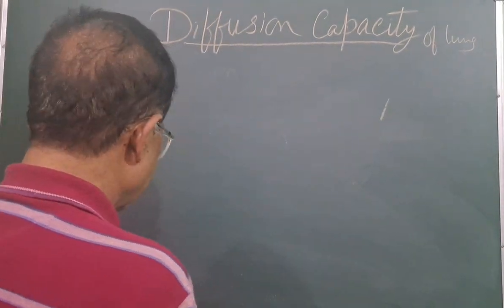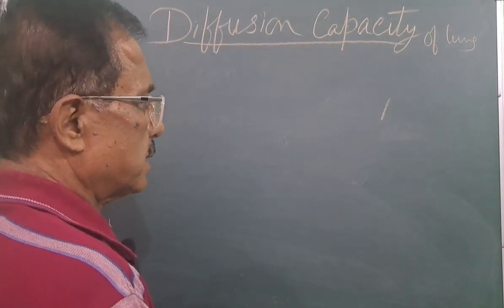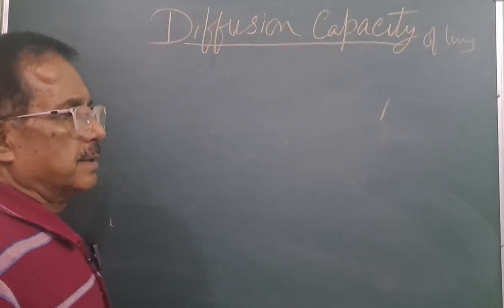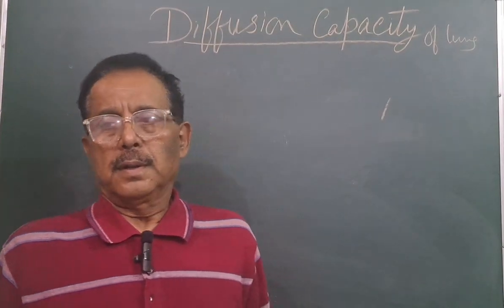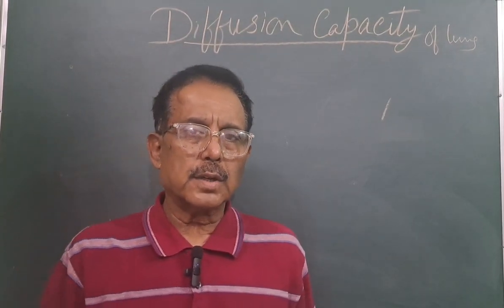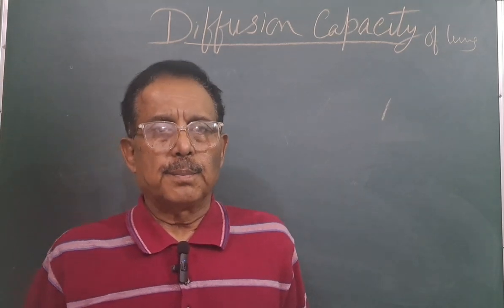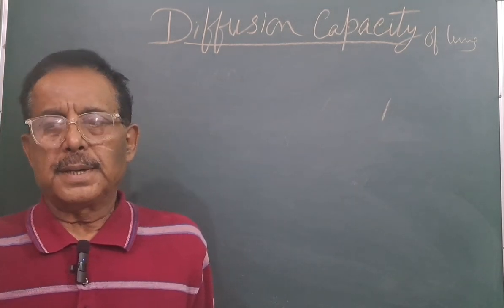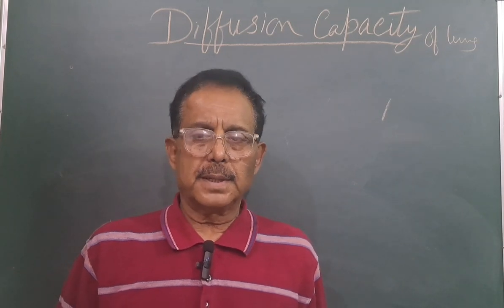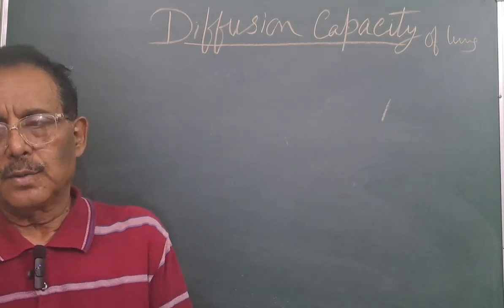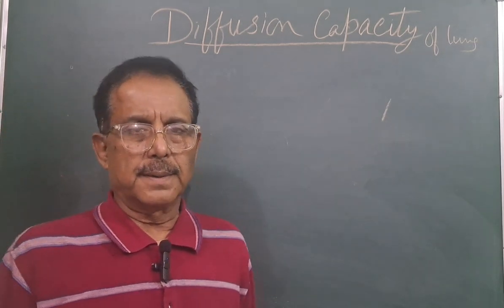Today's topic is diffusion capacity of lung. Diffusion capacity of lung of a gas is the volume of the gas that passes across the respiratory membrane in 1 minute per millimeter mercury difference in partial pressure of the gas on the two sides of the respiratory membrane.